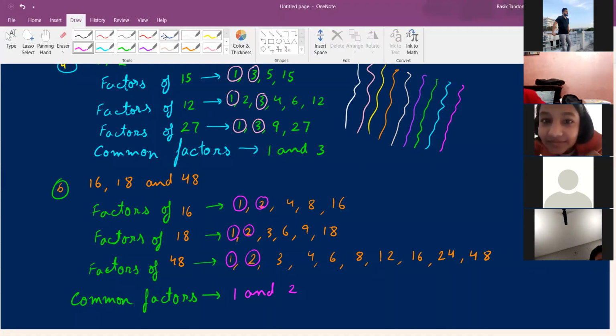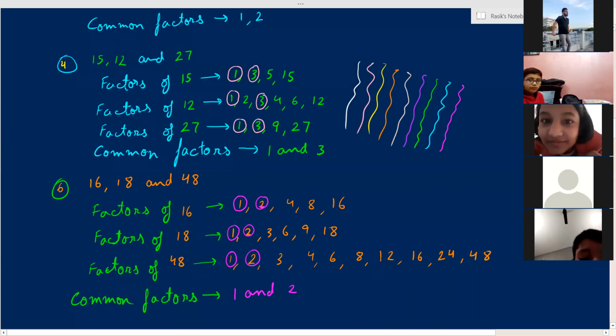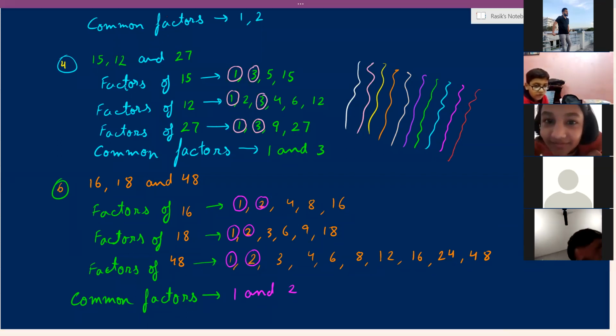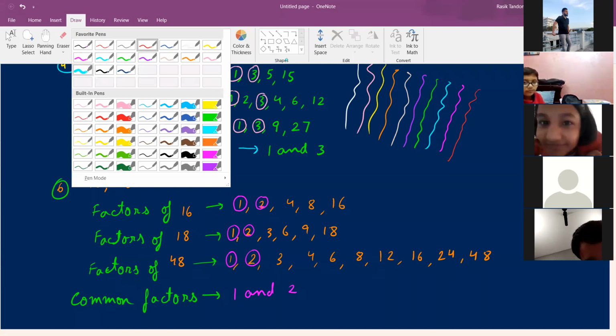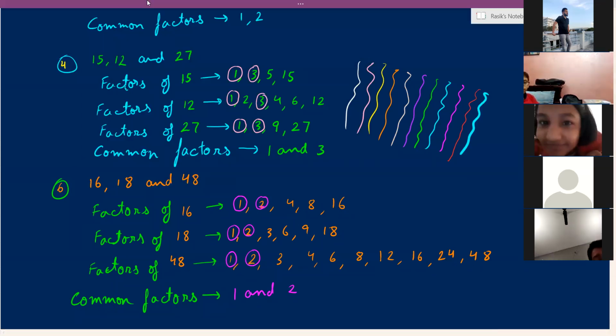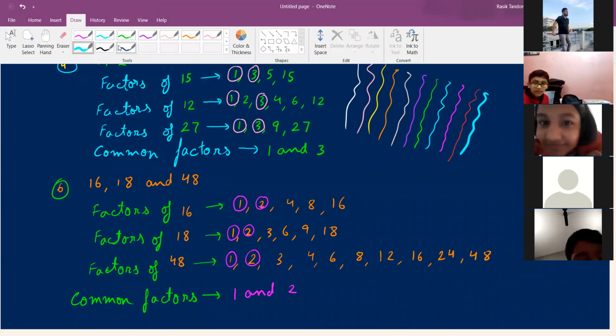So his parents named him Messi. And now the board is looking messy.